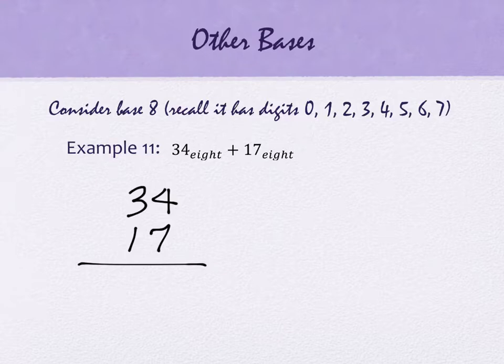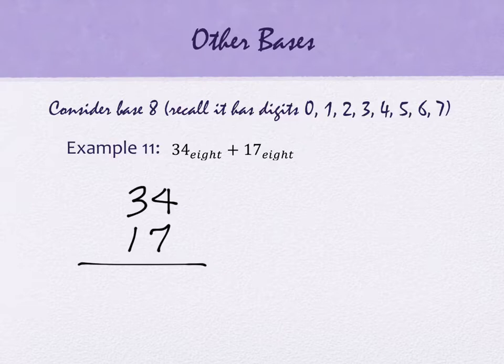So if I were to add in the standard algorithm, I have 4 plus 7, and I would get 11. Everybody good with that so far? Nothing different. How many 8s is that? 11 is 1 eight, and how many 1s? 3, right?